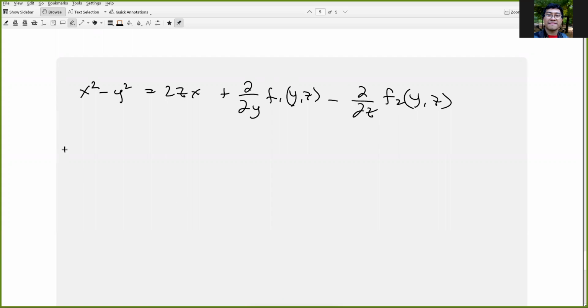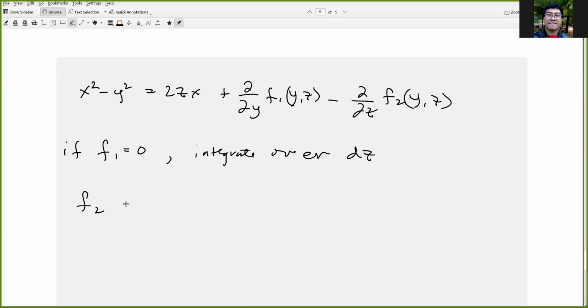So suppose we choose f1 equals 0, this is just our choice, then there's a specific value of f2 that should satisfy this equation. So if f1 is 0, integrate over dz.